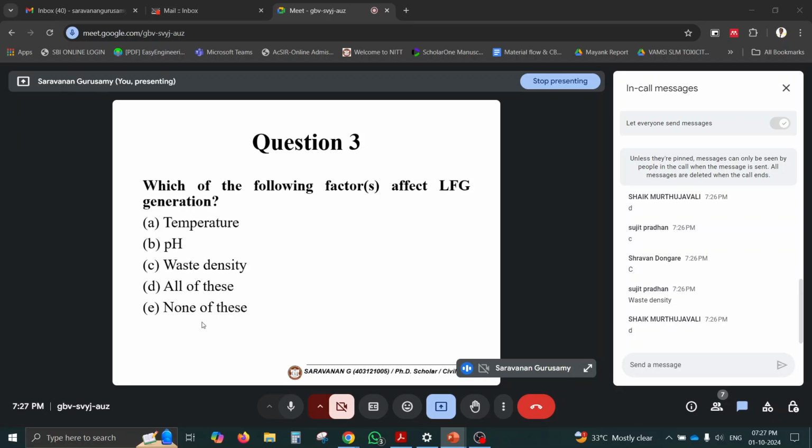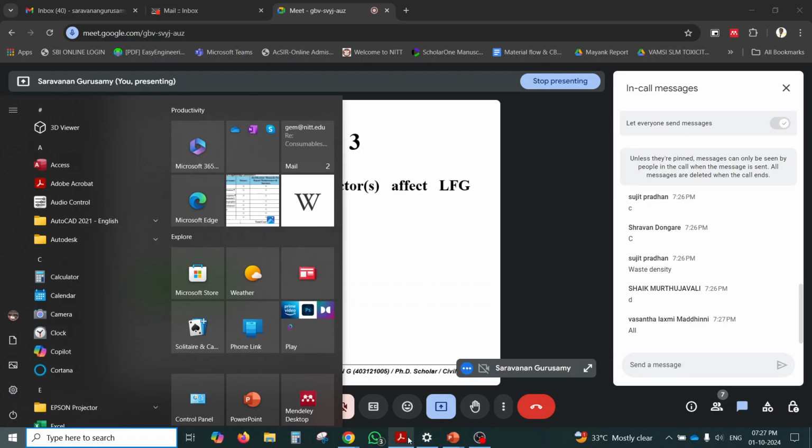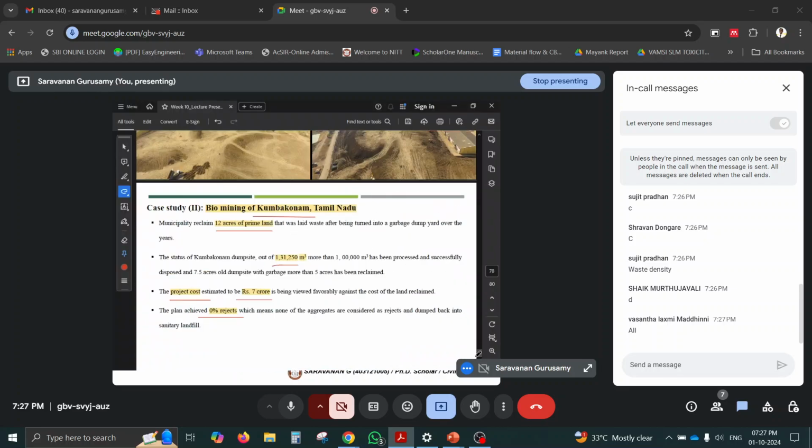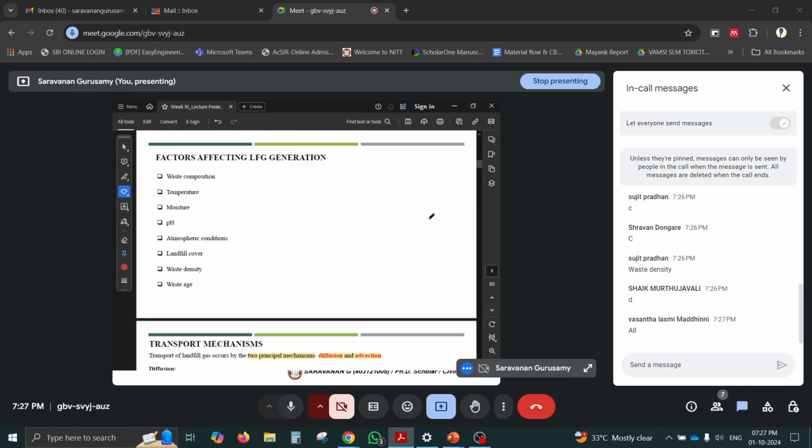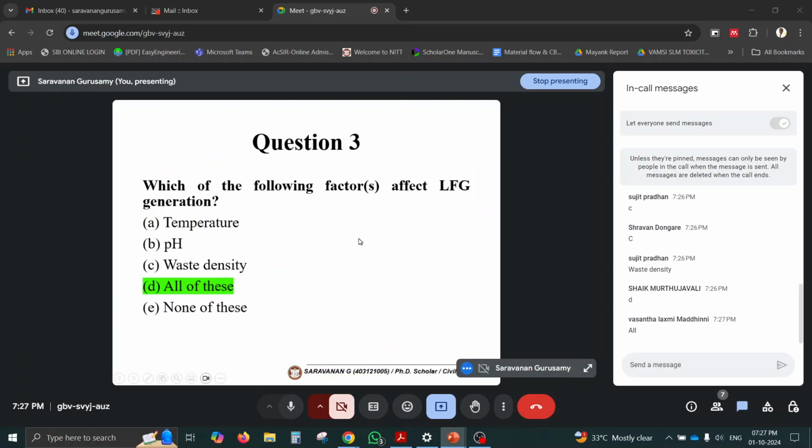Why is everybody saying C? We'll check with the presentation also. Factors affecting landfill gas generation: pH is there, temperature is there, waste composition, waste density, everything is there. Yeah, all the above is correct.